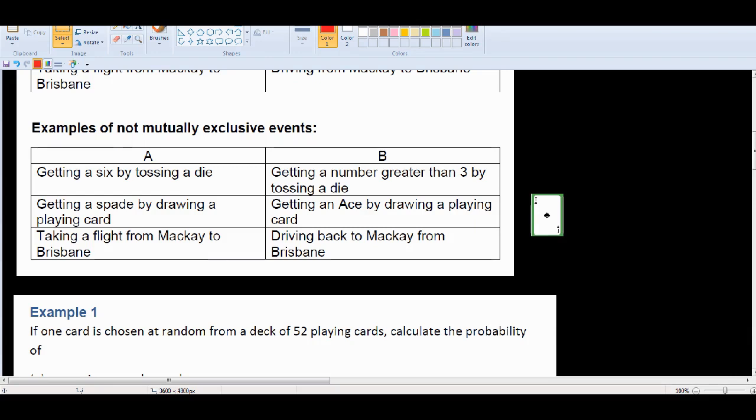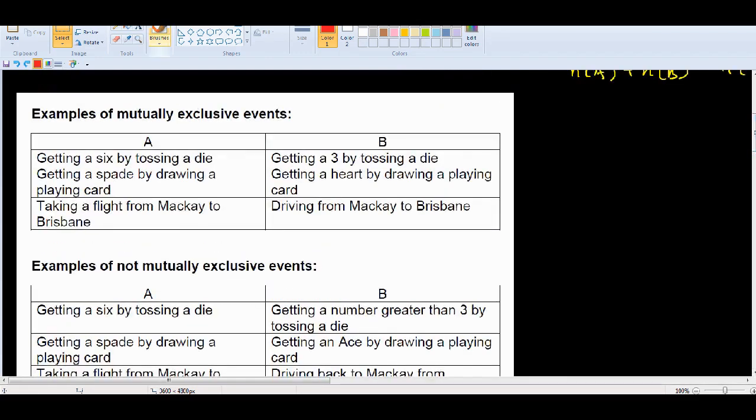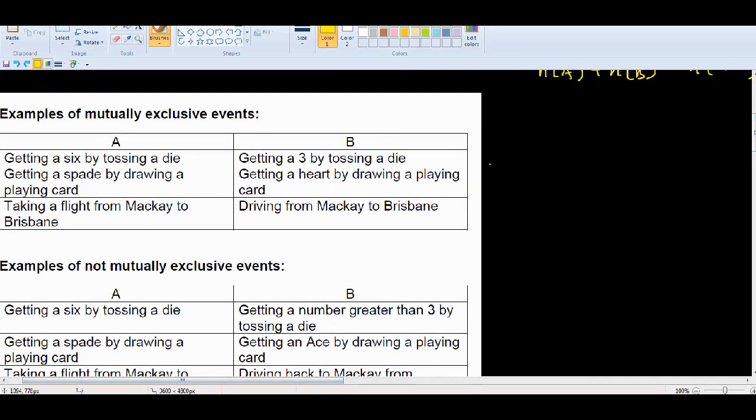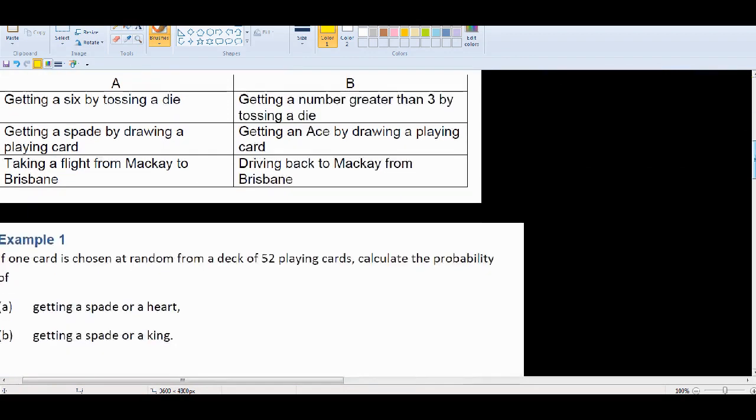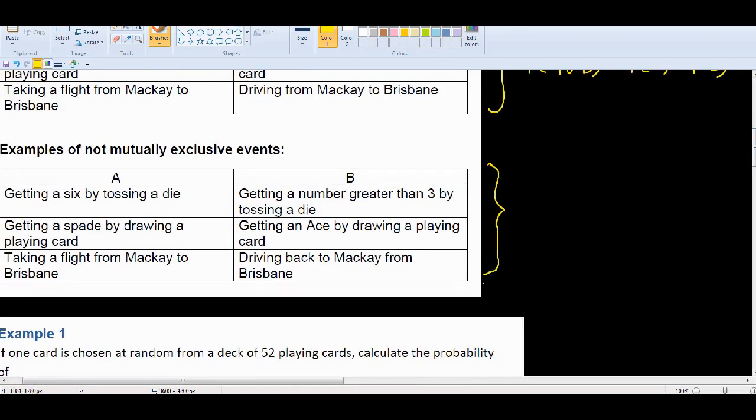All right. Okay, so remember, for mutually exclusive events, you will say the probability of the union of A and B equals probability of A plus probability of B. Okay.